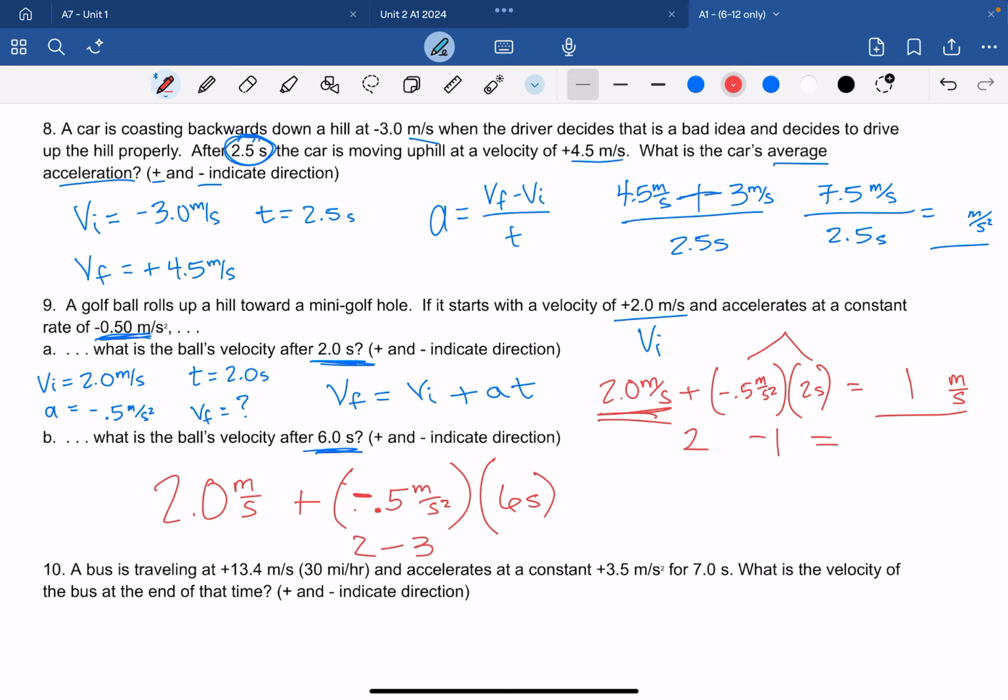So it's basically 2 minus 3, which gives us a negative answer. And our negative answer is negative 1 meter per second. So what is the ball's velocity after 6 seconds? It's now negative 1 meter per second. Negative just means it's moving the other way.